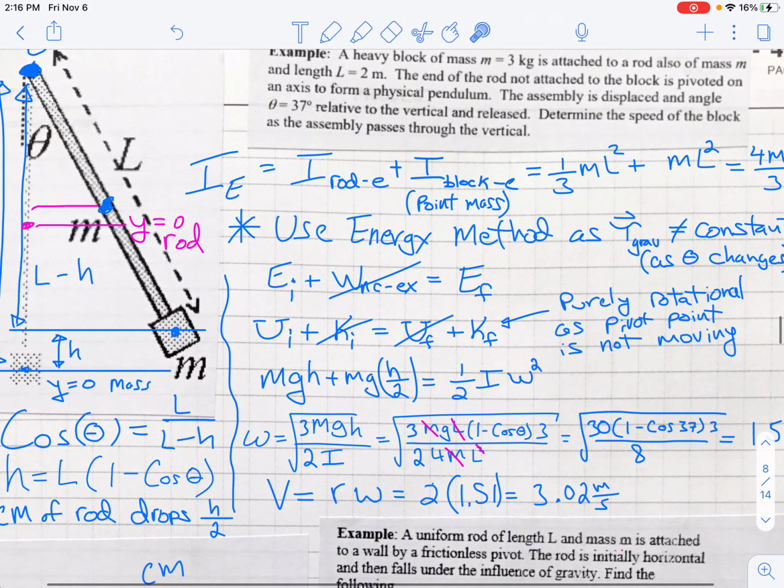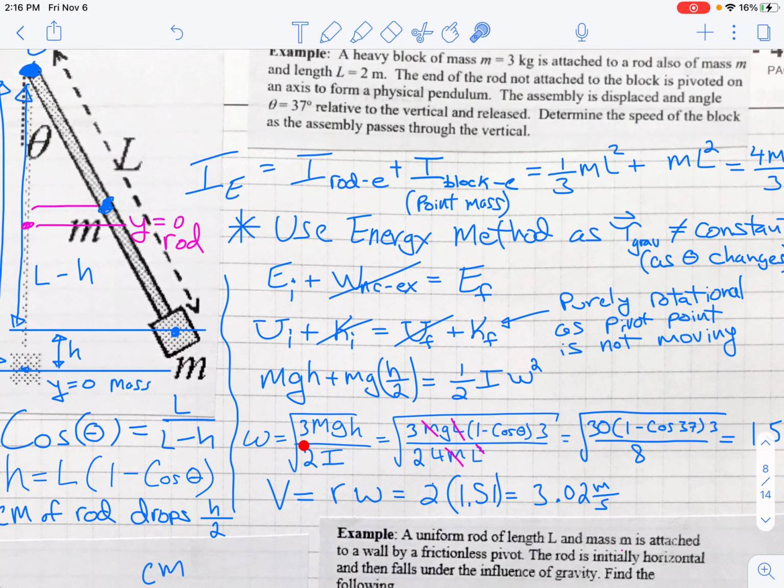So we have two types of gravitational potential. This is for the mass at the end of the rod, and this is for the rod itself. All of that gravitational potential gets converted into rotational energy. The rod is rotating about this point, which is fixed. It's not moving, so all of the energy is rotational, not translational, because the point of rotation is not moving.